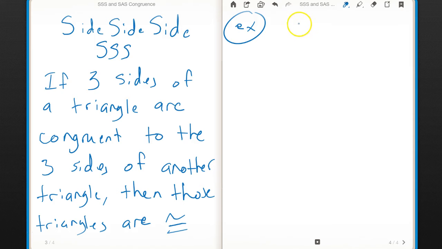So let me see if I can draw this here. Right, there's two triangles there. Remember, we don't worry about the picture.